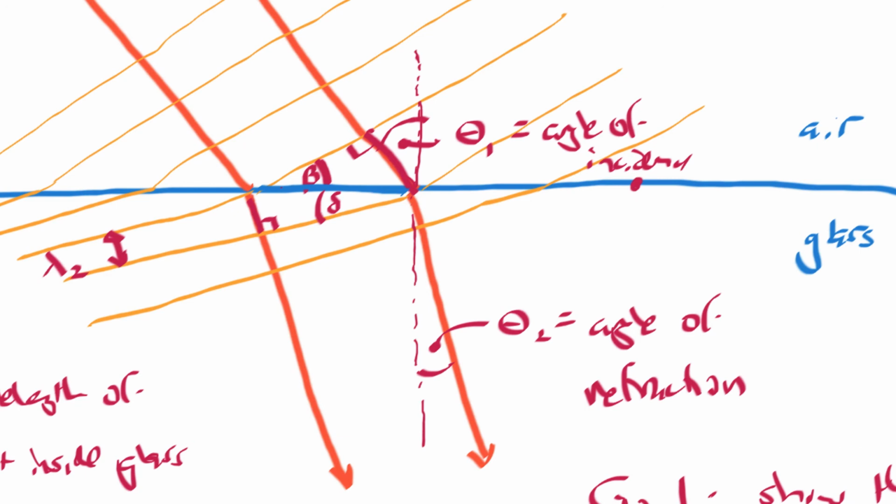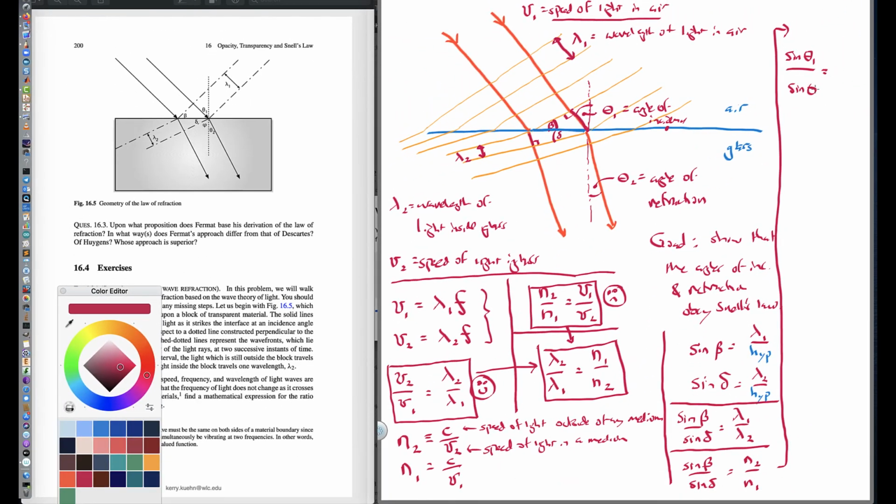And sine delta, likewise, is the same as sine of theta 2. And that is going to be equal to n2 over n1. And lo and behold, we have now arrived at Snell's law: n1 sine theta 1 equals n2 sine theta 2, which is Snell's law.